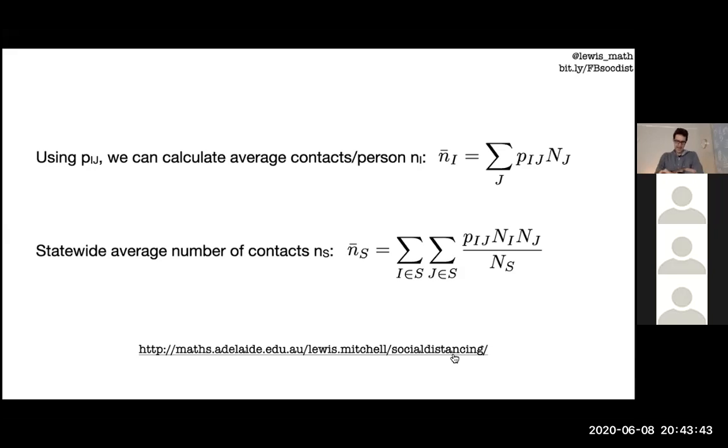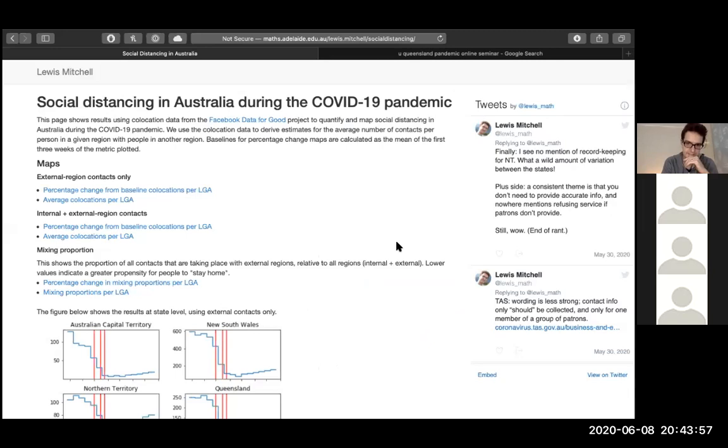From that, you can start to get some nice maps. I'm going to share a different screen, which will be Safari, and hopefully you can see this. So now I can start to make some nice maps. On this website, I've put a bunch of different types of maps.